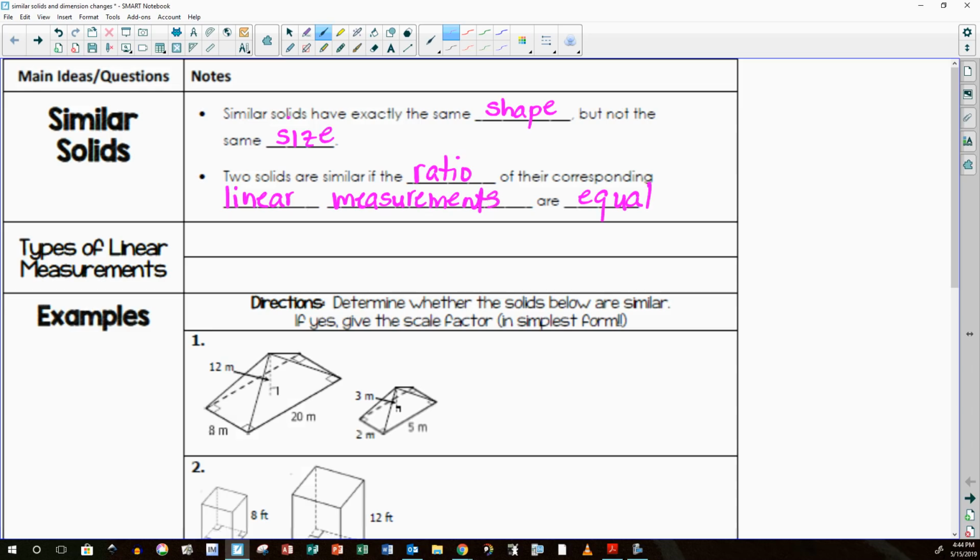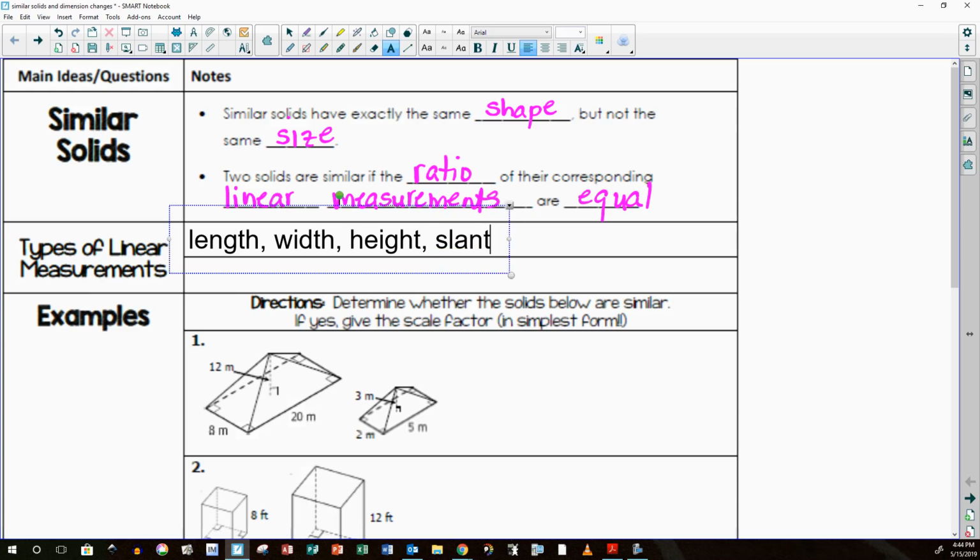So we have types of linear measurements. Let's talk about the types, and I'm going to type them because I am terrible at writing this quickly. Types of linear are the length, the width, the height. The slant height is linear.